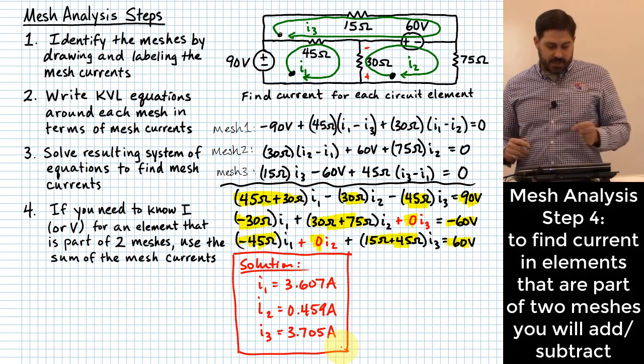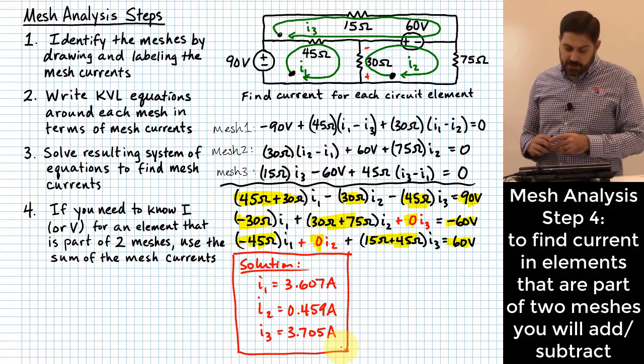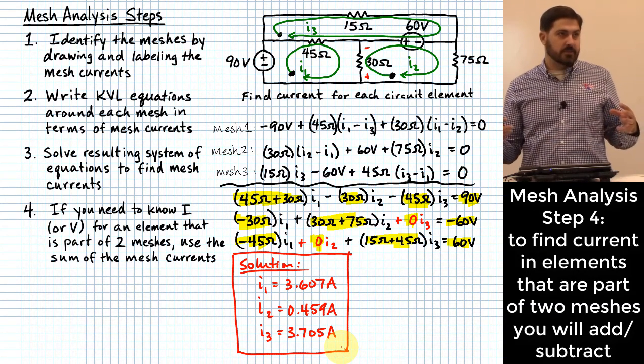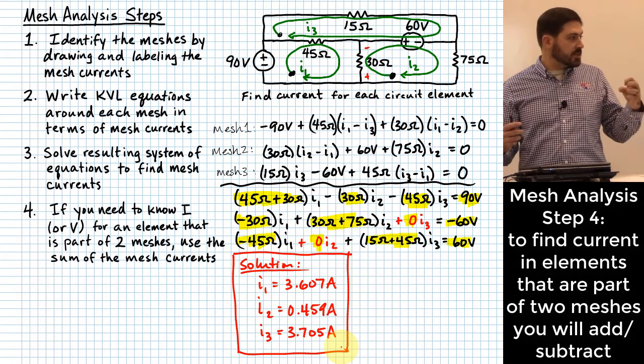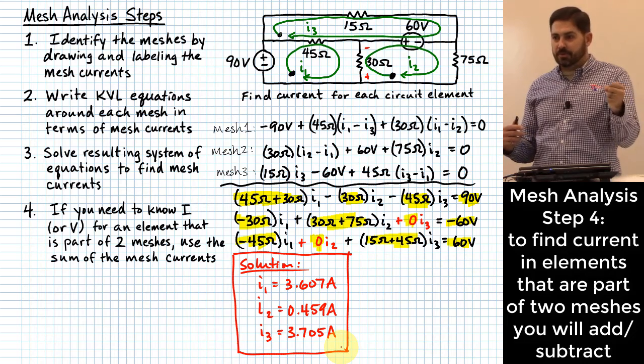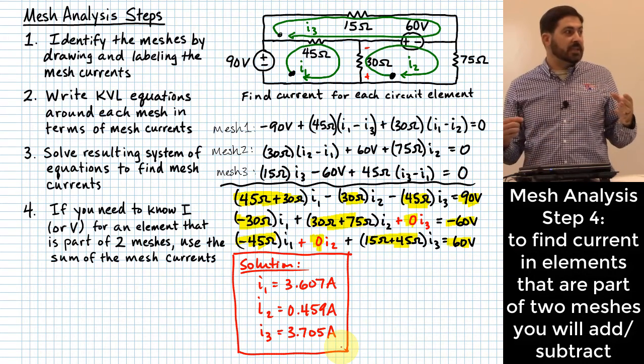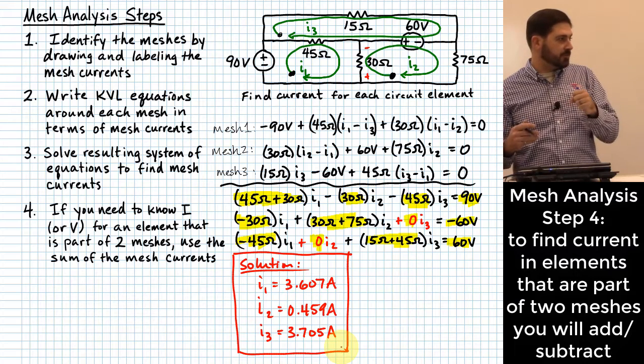So it says if you need to know I, or V for that matter, for an element that is part of 2 meshes, then the mesh currents themselves, those numbers aren't going to immediately give you the current through those elements. But they give you really easy tools to get there, though, right?